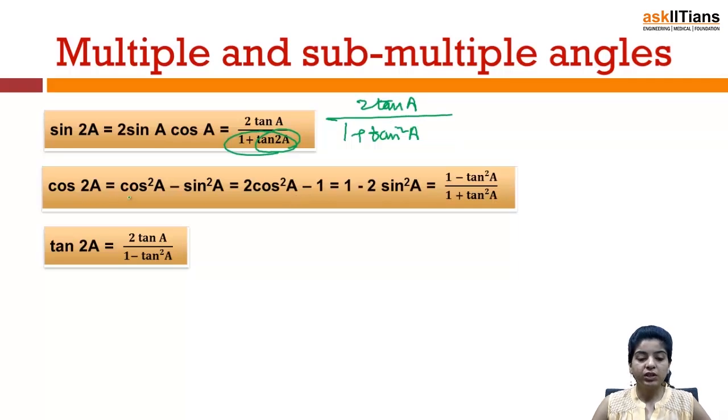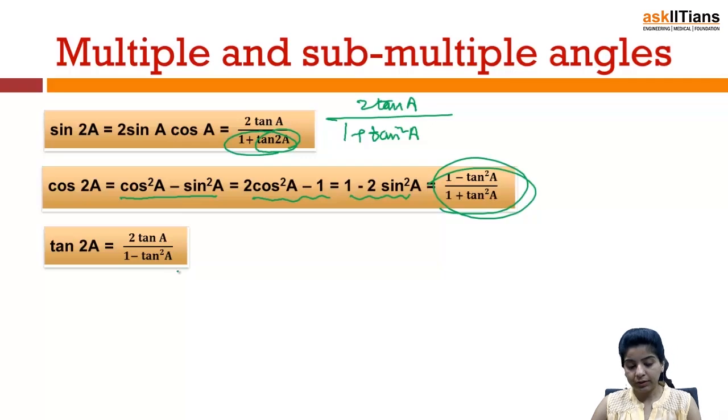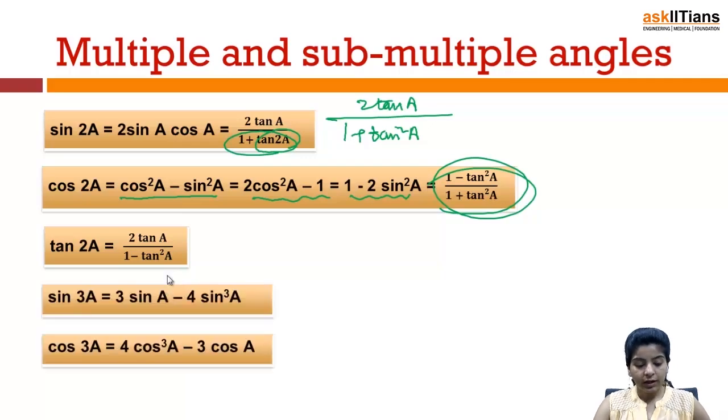Then we have cos 2a is cos square a minus sin square a, which is equal to 2 cos square a minus 1, which is equal to 1 minus 2 sin square a, which is equal to (1 minus tan square a) by (1 plus tan square a). Tan 2a is 2 tan a by 1 minus tan square a. Sin 3a is 3 sin a minus 4 sin cube a, and cos 3a is 4 cos cube a minus 3 cos a.